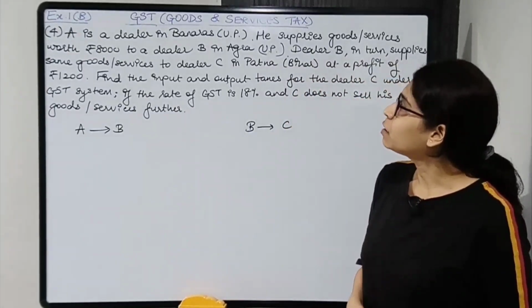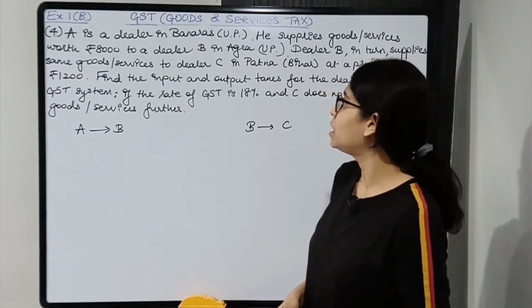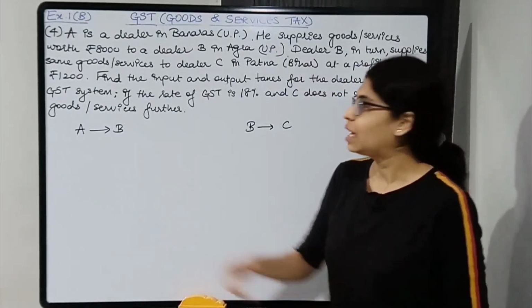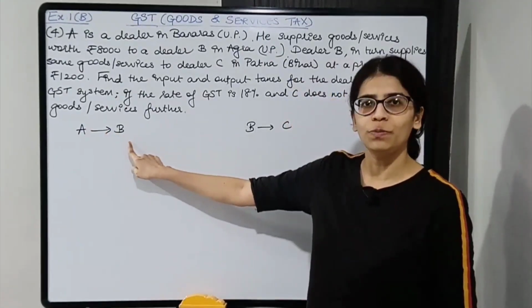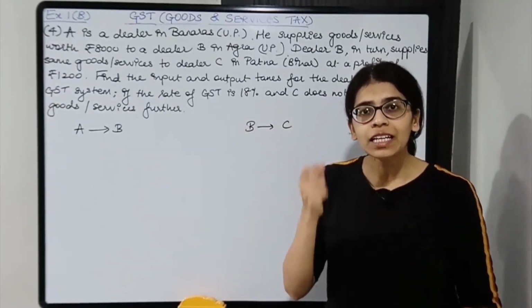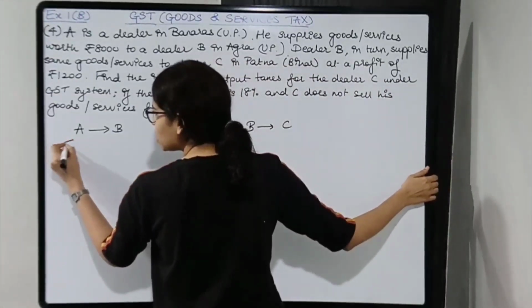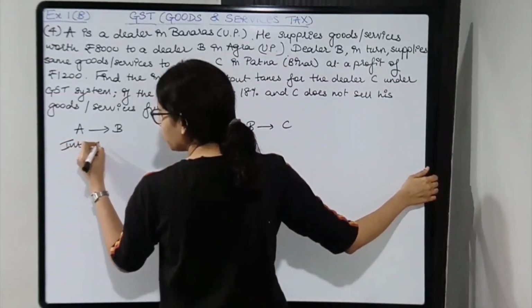A is a dealer in Banaras in UP and he supplies goods and services worth rupees 8,000 to dealer B in Agra in UP. A is also in UP, B is also in UP. Same state में है. So which type of transaction? Intra-state transaction, right? Same state में होता है तो it is intra-state transaction.